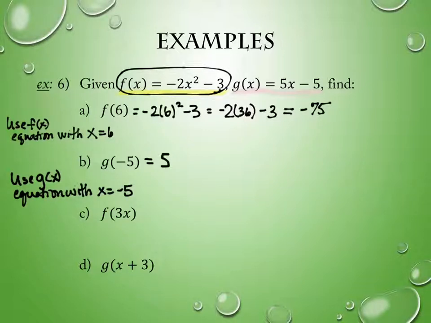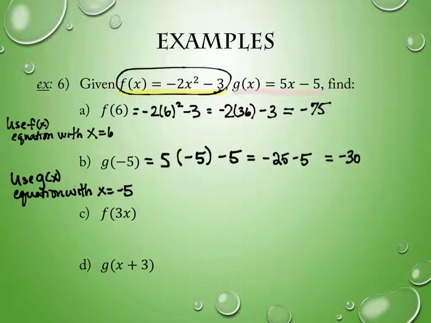So I would have 5, and I would plug in negative 5 for x, and then minus 5 at the end of the equation. So I have 5 times negative 5 at the beginning, which would be negative 25. And what is negative 25 minus 5? Negative 30. Is everybody okay with that?